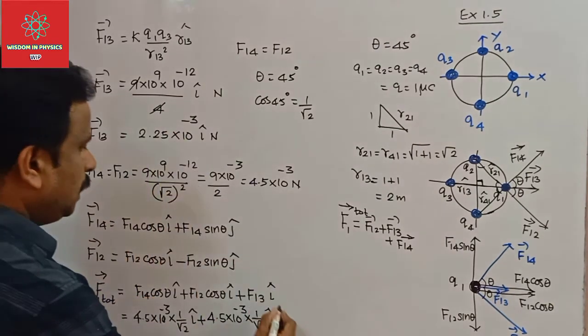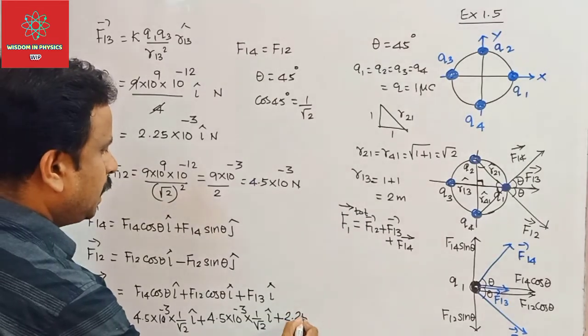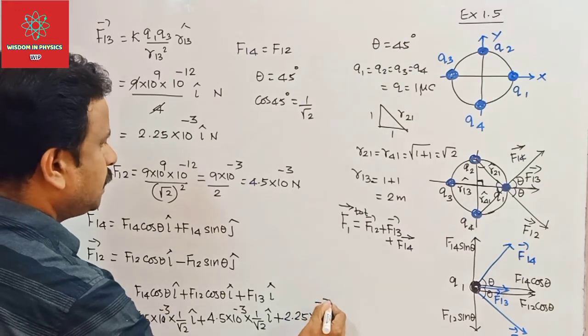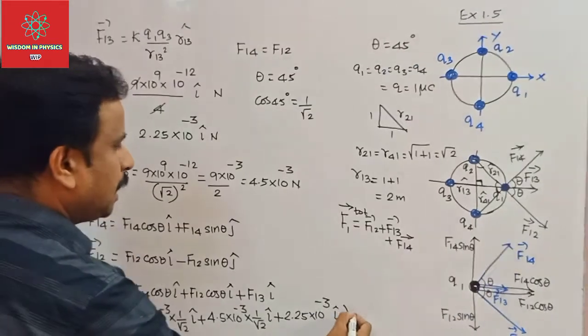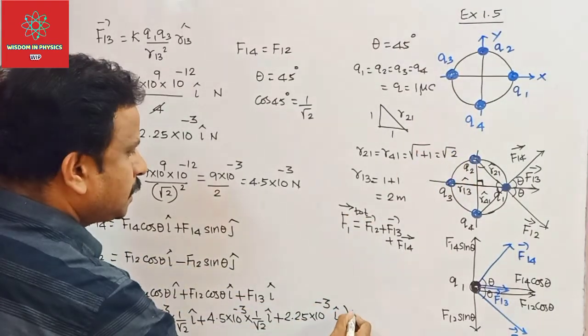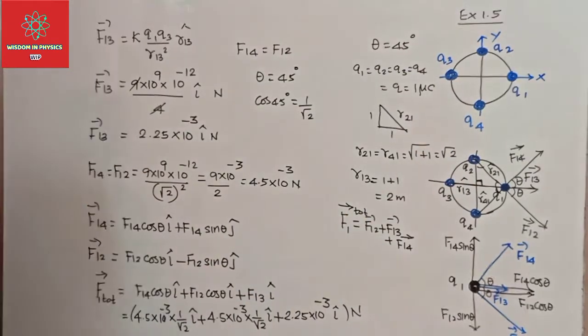What is your F13? It is 2.25 into 10 power minus 3 I cap. All are represented in I cap because all are acting in the positive x-axis. So the unit is Newton.